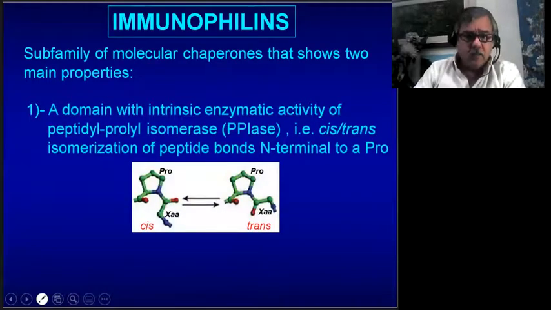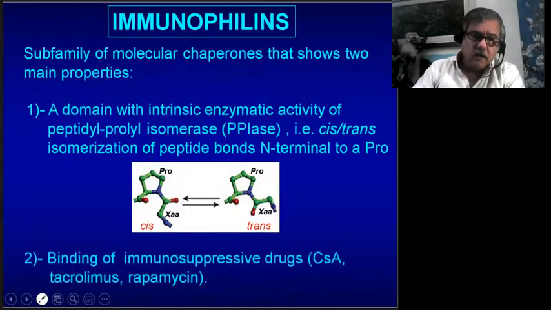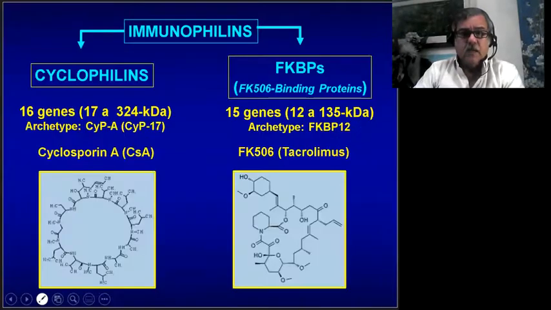One, a domain with intrinsic enzymatic activity of peptidyl prolyl isomerase, from here onwards PPIase, that is the cis-trans isomerization of peptide bonds N-terminal to the proline. The other is the binding of immunosuppressive drugs.